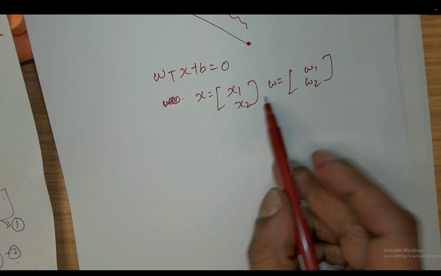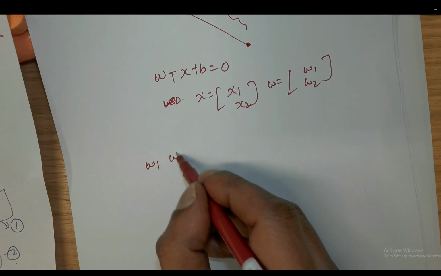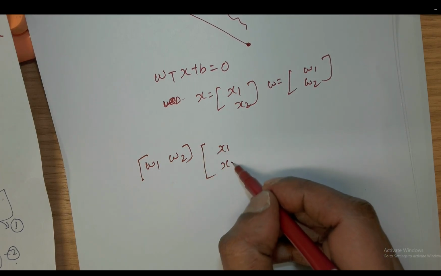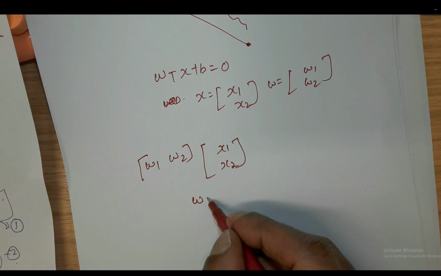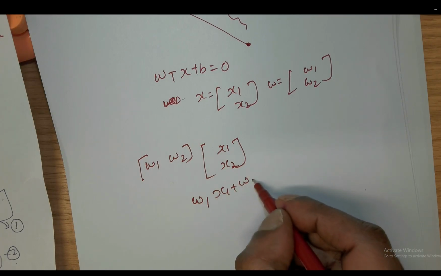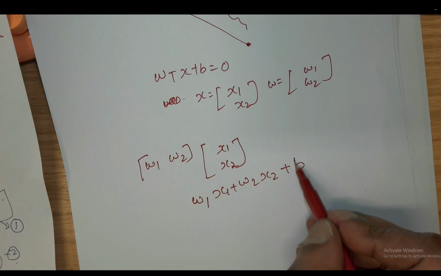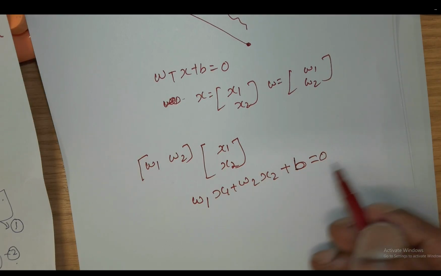So transpose of W, W^T, is W1 W2 multiplied by x1 x2, which is W1 x1 plus W2 x2. For the equation of hyperplane, we have to add the bias B equal to 0.